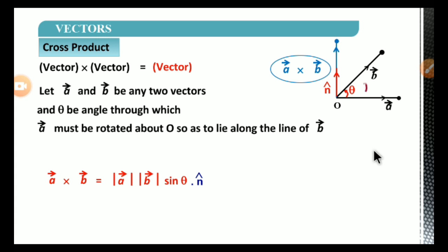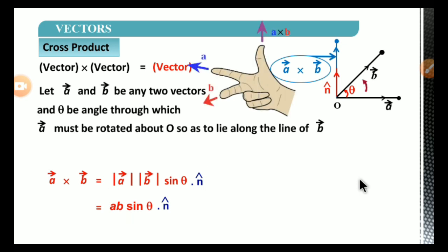That perpendicular vector can be taken as vector A cross vector B. So this n cap is the unit vector along the direction of the perpendicular vector A cross B. Now A cross B can also be written as AB sin theta, where A is the magnitude of vector A, B is the magnitude of vector B, and theta is the angle between the vectors A and B. Therefore, A cross B is equal to AB sin theta into n cap.